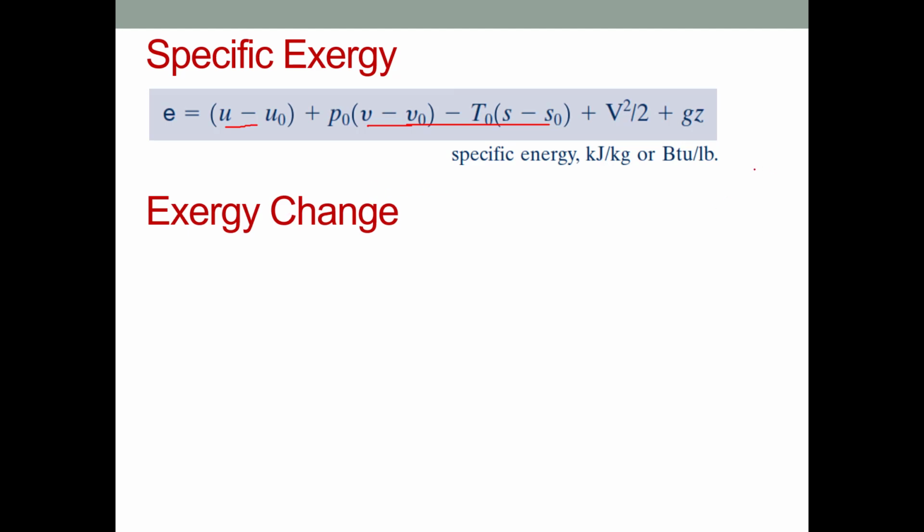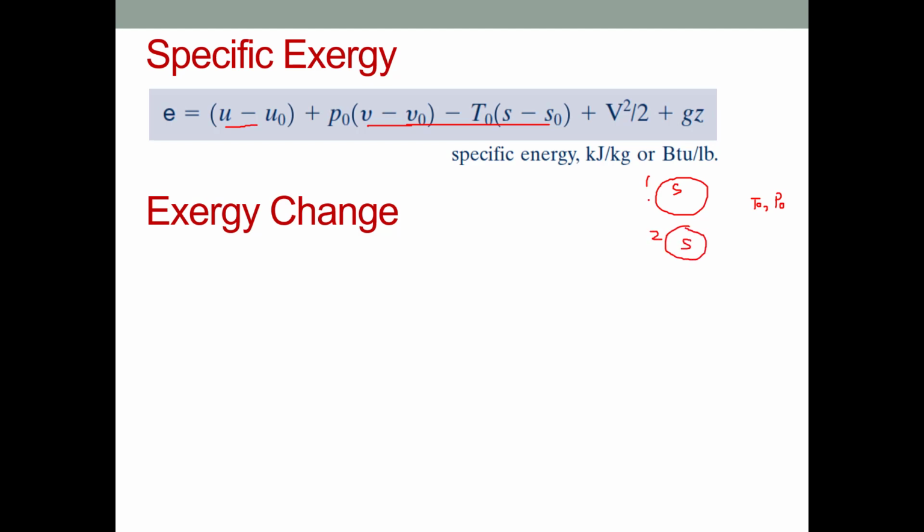Let's say the system changes state, from state 1 to state 2. Let's say this is the system, and this is the environment. Let's say the environment temperature is T naught and pressure is P naught, right? So the initial state of the system was 1. Now the system has changed its state. Now the system is at state 2.